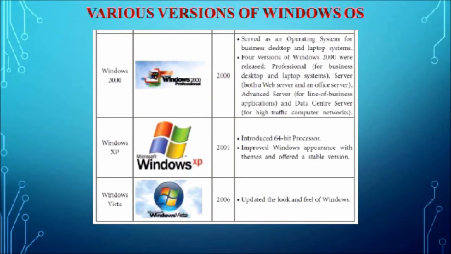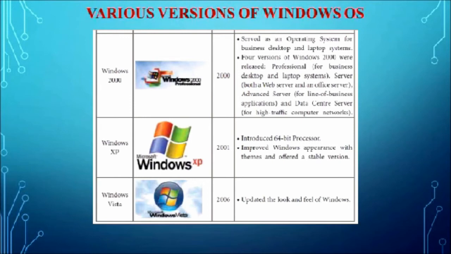In Windows 2000, four versions of Windows were released. One is Professional, for business desktop and laptop systems. Another one is Server, for server computers, both web server as well as office server.